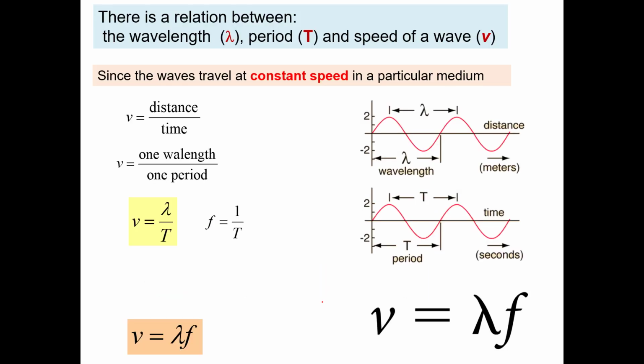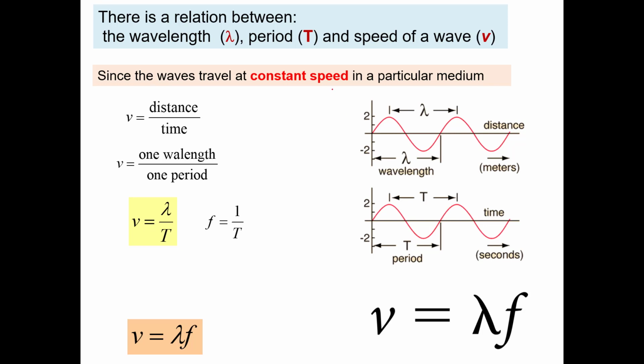Now let's try to correlate these three variables. We want to correlate the wavelength, the period, and the speed of the wave. One important thing is the wave travels at constant speed in a particular medium. Always the wave will travel at constant speed in a particular medium.